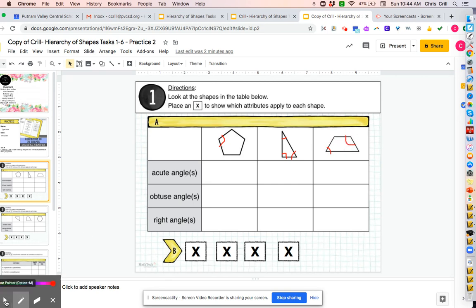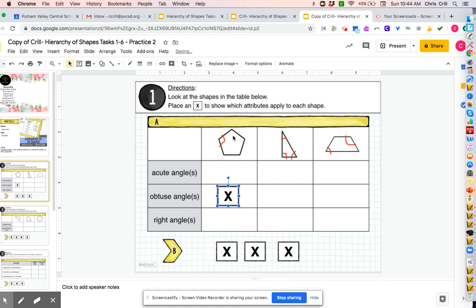So now you're ready to go. Mark or select your X's. You could drag them. We're going to call this a shape with only acute angles. We've identified this triangle as having a right angle, so it's a right triangle, and it's got two acute angles.